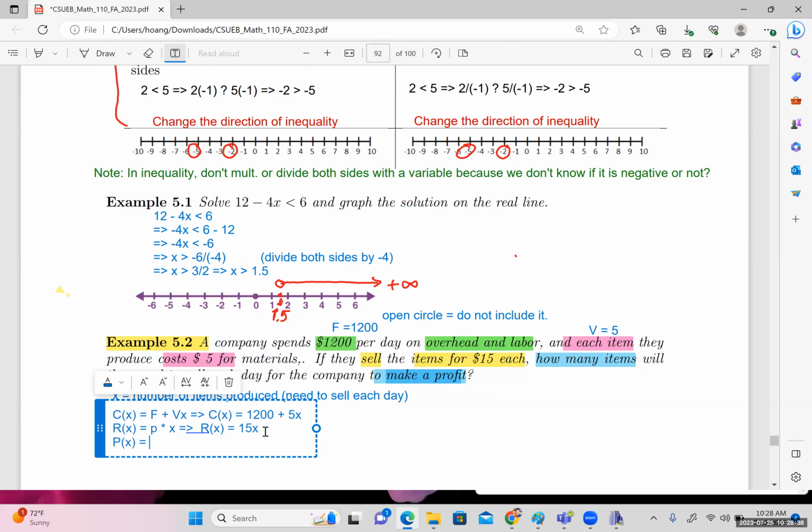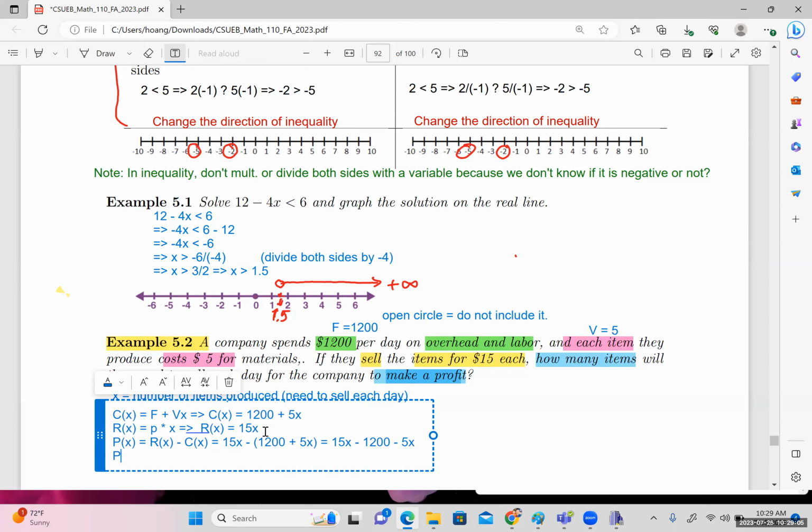The profit function will be revenue minus cost, which equals 15x, and then a minus for the whole cost function. I need to put in the parentheses 1200 plus 5x, and then equal to 15x minus 1200 minus 5x. Then P of x simplifies to 10x minus 1200. So this is the profit.